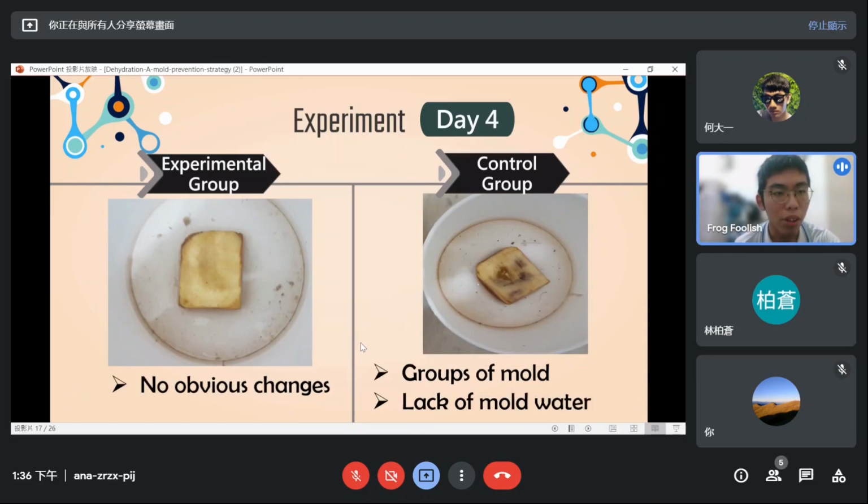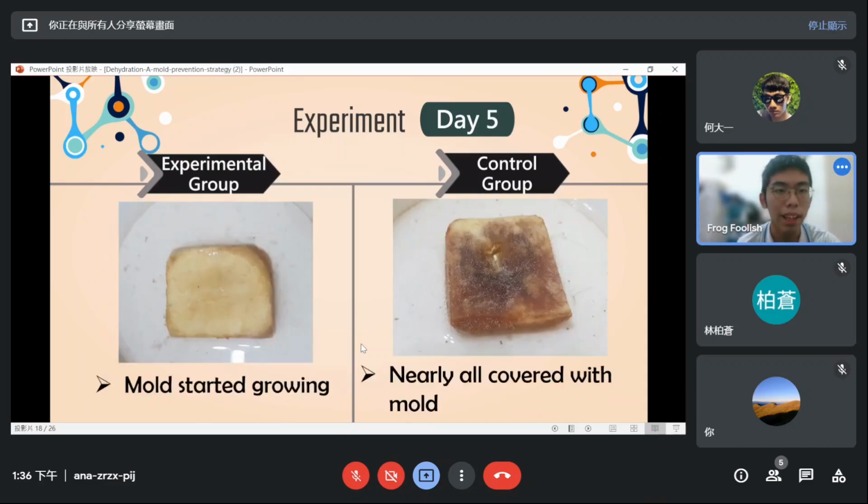The experimental group still looked the same on day 4, while the mold growing on slices of the control group could be seen more clearly. By the way, water added in the control group nearly evaporated. On day 5, apparently, slices of the control group were covered with mold in large part.